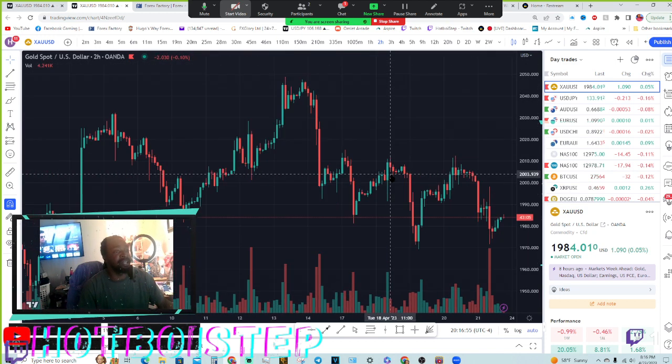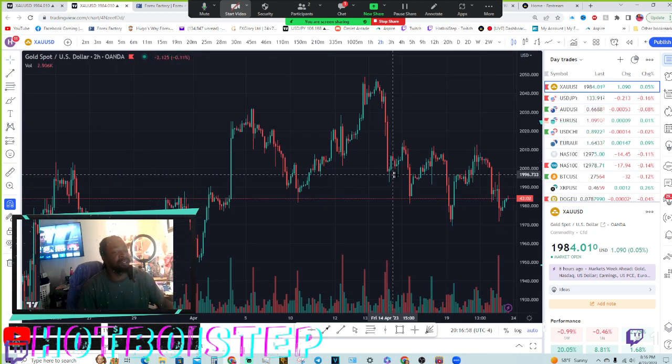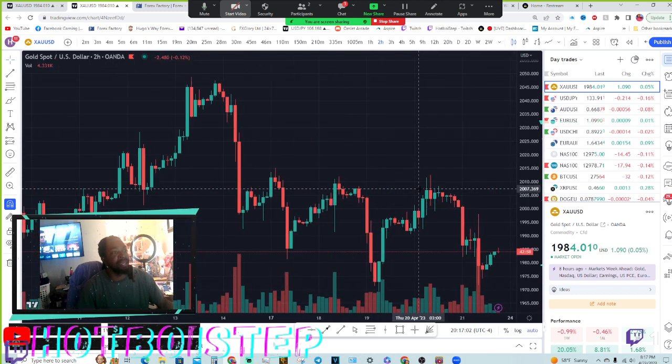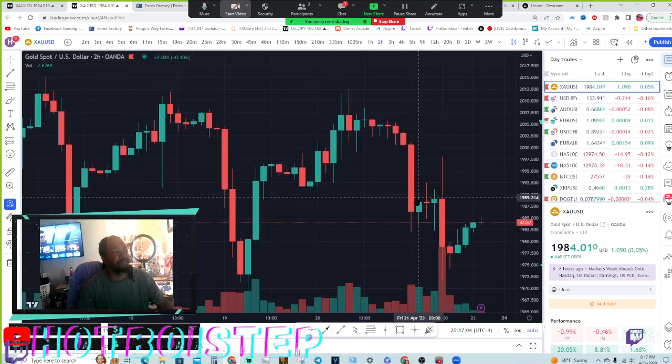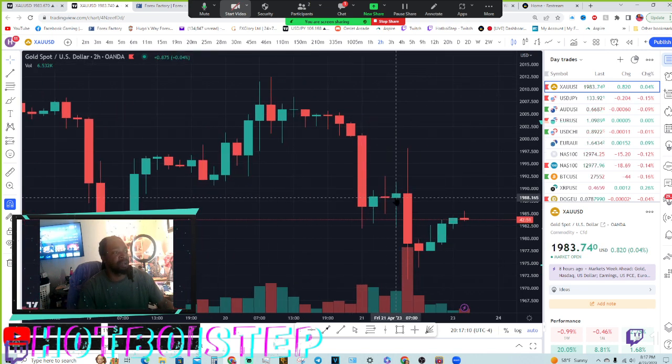This is not exactly how I look at the charts, but I made this chart specifically for training purposes. This is pretty much a naked chart. There's no indicators on here at all. But I'm just letting you know right now, I trade with a lot of indicators because this is real money we're dealing with.